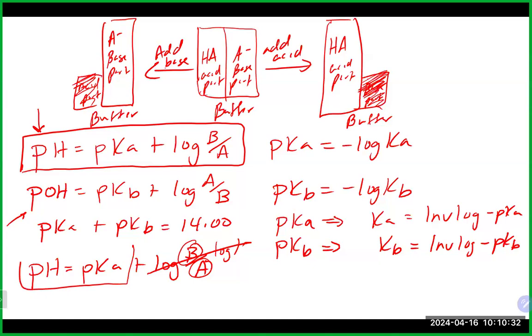So typically, you're looking for a weak acid or weak base that has a pKa value within plus or minus 1 of the pH that you want to make your buffer at. That would be the best choice. The closer the better, usually. If you have something with a pKa value very close to the pH you want to make, that would be your best choice to make a buffer out of.